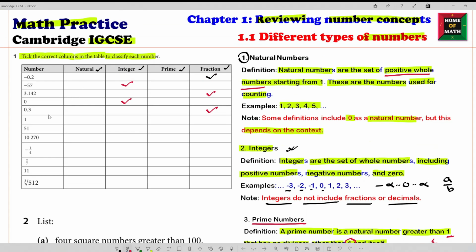So we give ticks in natural number and integer.